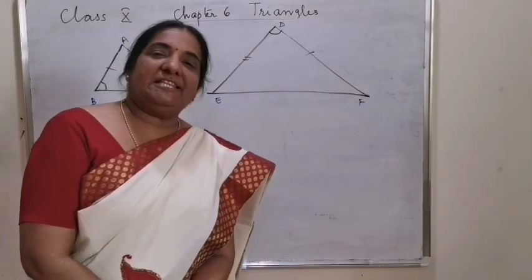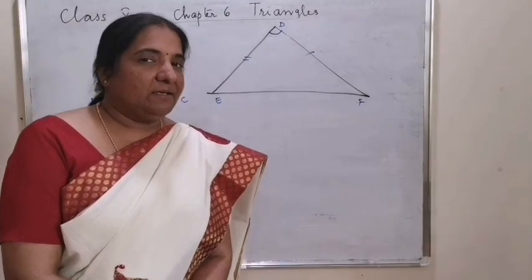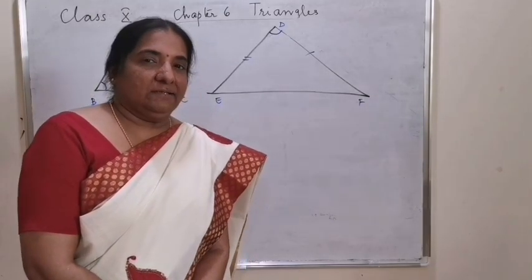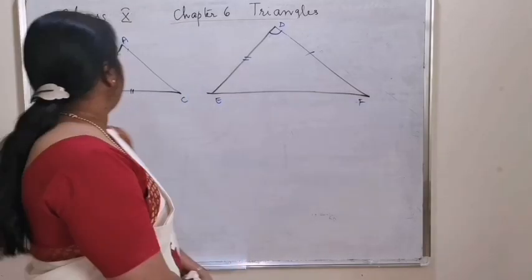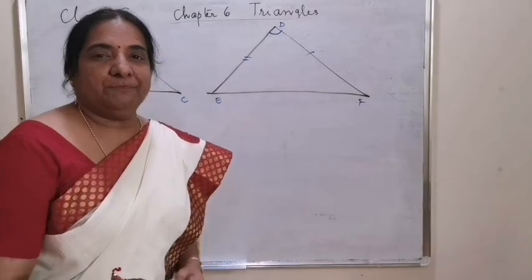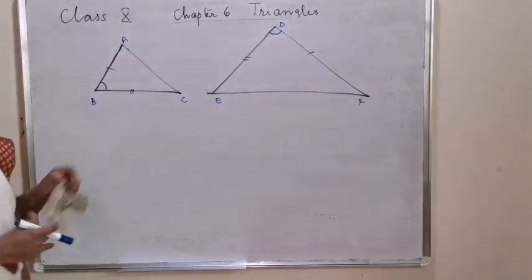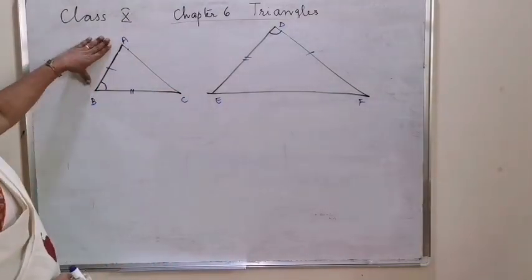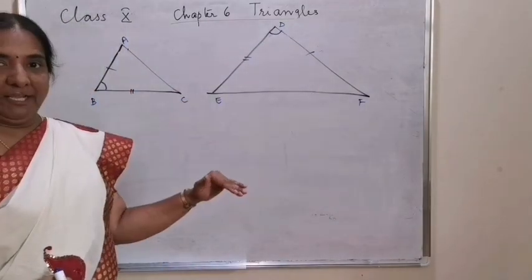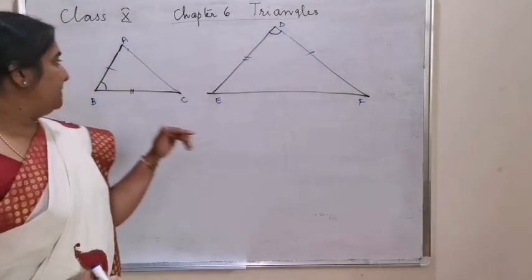How can you say these two triangles are similar? By looking into the notation, or how to write the similar triangles ABC and DEF in the correct order. In the figure you can see that AB length and DF length are corresponding, or they are proportional.